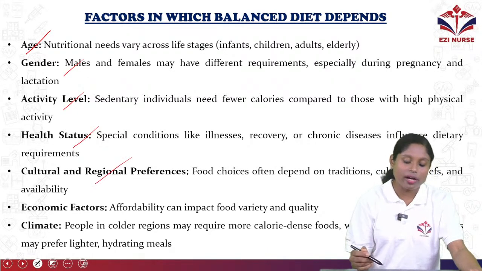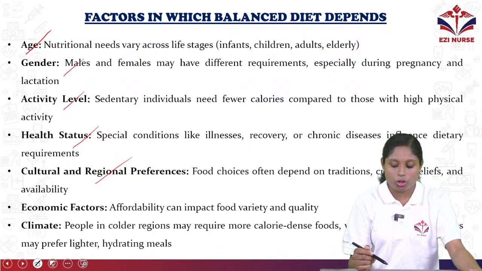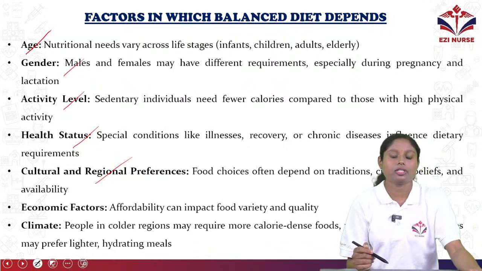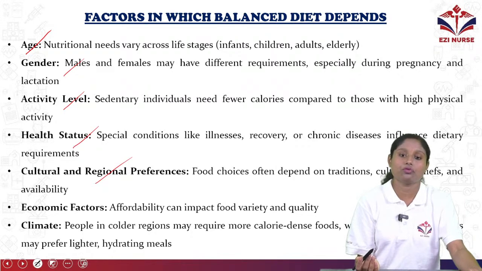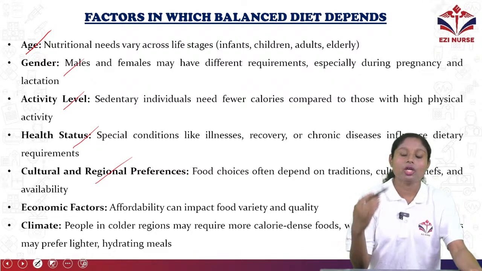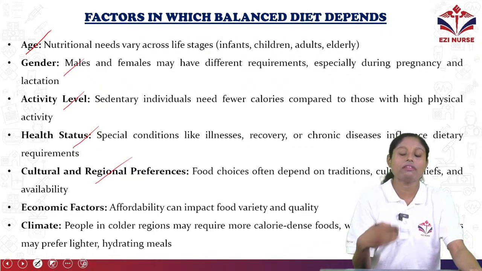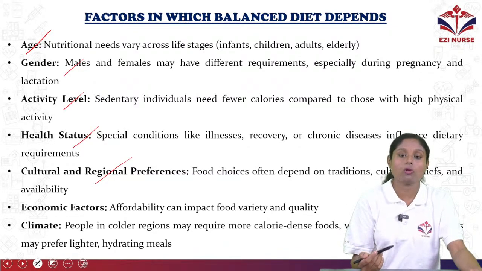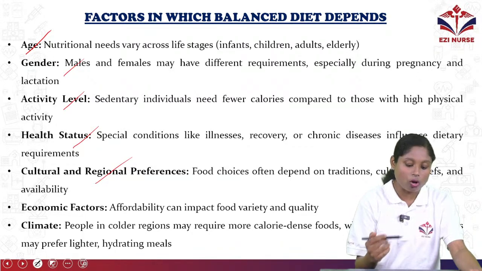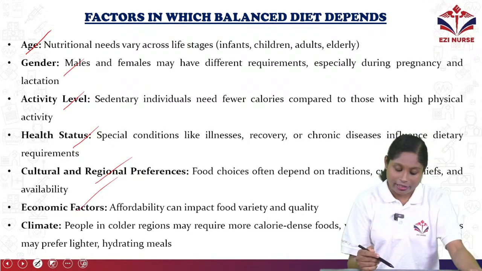Next is cultural and regional preferences. Food choice often depends on tradition, culture, belief and availability. So some people are pure vegetarian, or some follow area-based food. In India, North Indian food is different from South Indian meals. So the pattern changes region-wise. Also it depends on religion or cultural preferences. Next is economic factors.